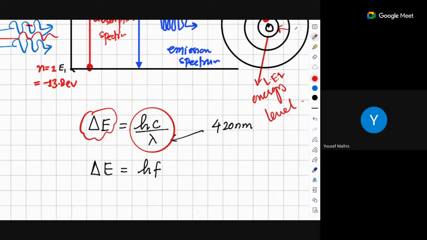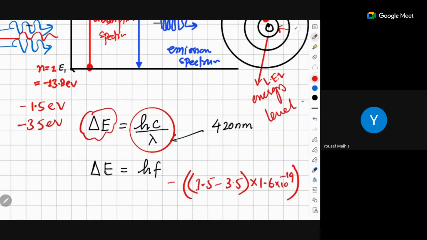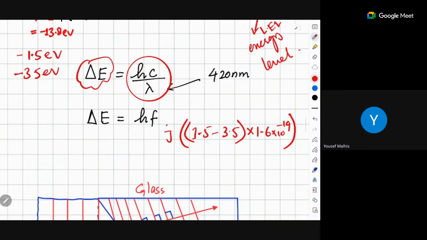For example, an electron transitions between the energy levels of minus 3.5 electron volts and minus 1.5 electron volts. Then you calculate 1.5 minus 3.5, into 1.6 into 10 raised to the power minus 19. This is all used in joules, right? And then you equate that to hc by lambda. From here you can calculate the wavelength. Is it clear?